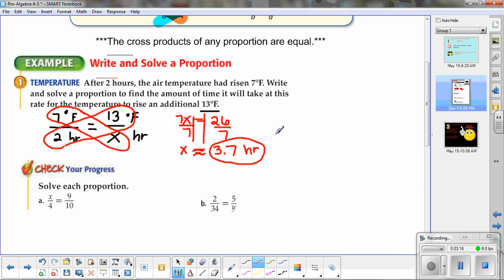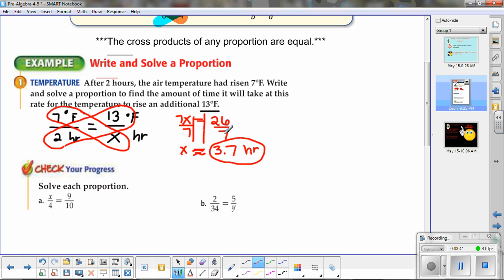A couple things I want to point out here. First of all, some of you may have had some experience with proportions before, and you may have been told that you multiply these two numbers and divide by this one over here. And that actually is true. If you look at our problem, we multiplied 2 times 13 to get 26, and then we took that answer and divided it by 7 to get about 3.7.